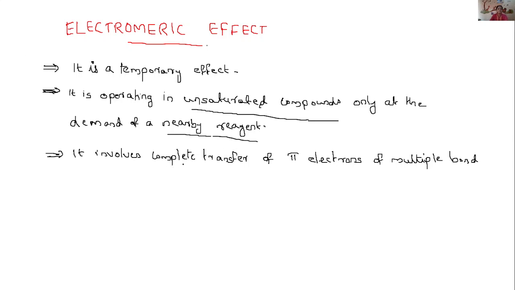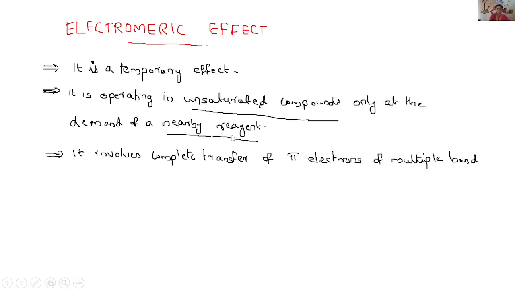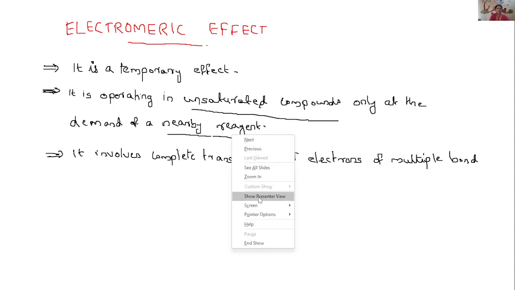And finally, it involves complete transfer of pi electrons of multiple bonds. So these are the major points you have to remember. First of all, it is a temporary effect. Then it operates in unsaturated compounds only at the demand of a nearby reagent.